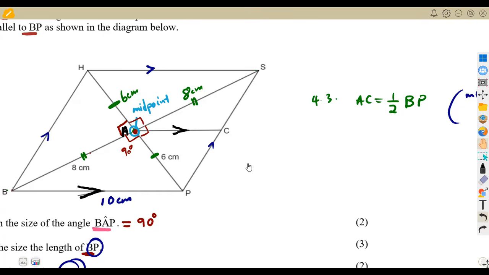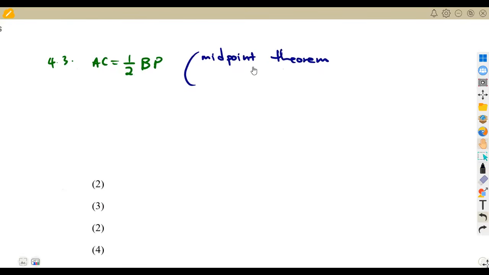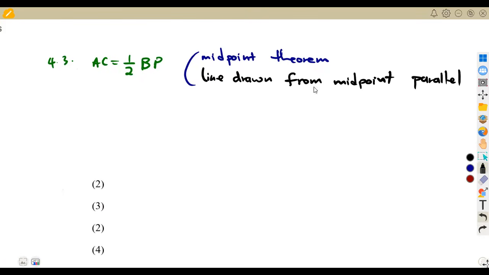Once they are parallel, that is why we are considering our midpoint concept. So this is because of the line drawn from midpoint parallel to the second line. All right, just write in short: to the second side or the second line.